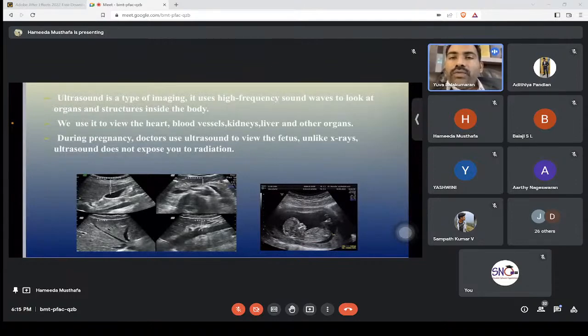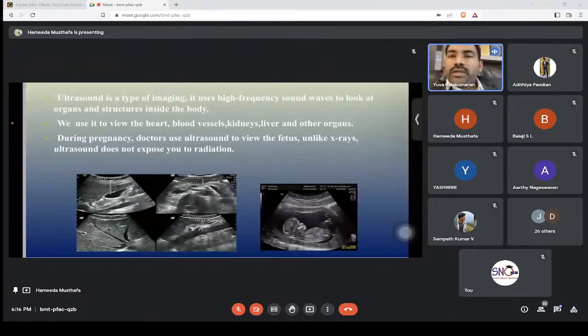We use it to view the heart, that is the echo, blood vessels, that is known as Doppler studies, kidneys, liver, pancreas, gallbladder, and we can see any lymph nodes, any appendicitis, uterus, ovaries, and soft tissue organs like breast, thyroid, scrotal studies, and any injury. Everything we can see in the ultrasound.